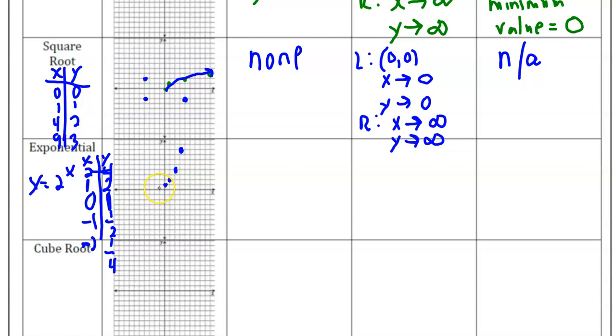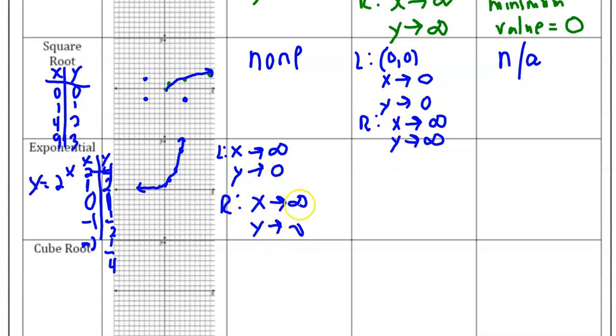And then negative 1's 1/2, so it's getting really close to the y-axis. So as x approaches, we're going to the left side now, as x approaches negative infinity, then y is approaching 0. On the right side, as x approaches positive infinity, y is approaching positive infinity. They're both getting bigger.